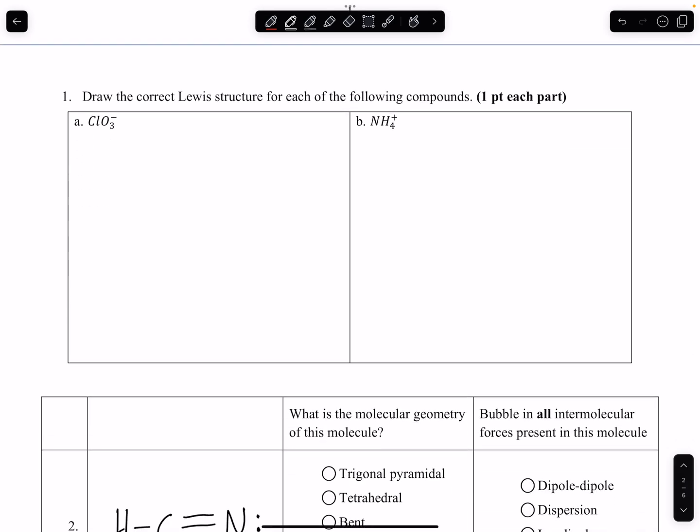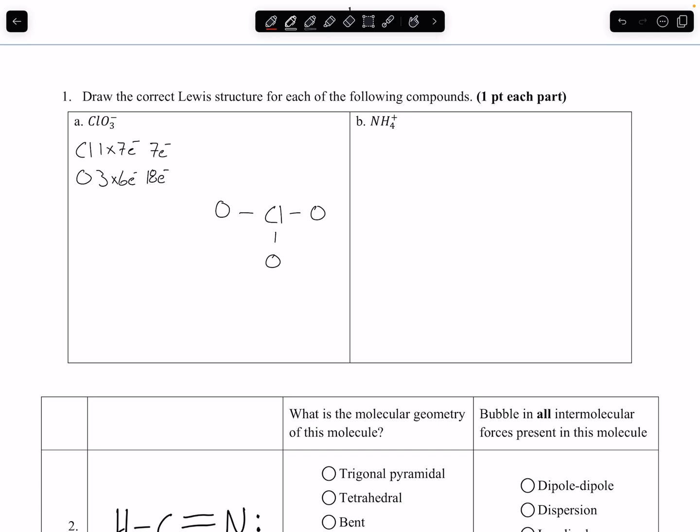All right. So draw the correct Lewis structures for ClO3 minus. So we do, again, chlorine. There's 1 chlorine, and there's 1, 2, 3 oxygens. So the 1 chlorine goes in the middle, the 3 oxygens go around. Chlorine, oxygen, 3 and 1. Oxygen has 6 electrons, chlorine has 7 electrons. So 7, 18.